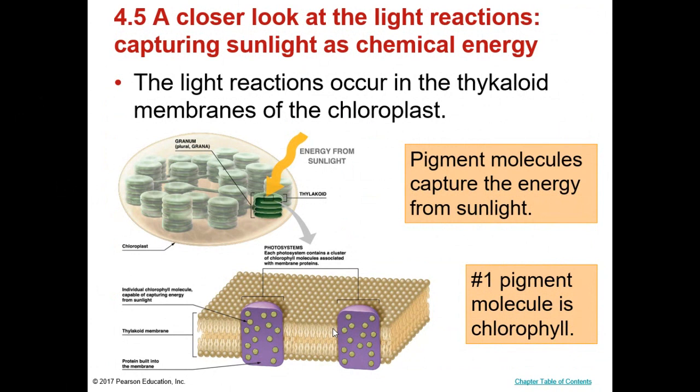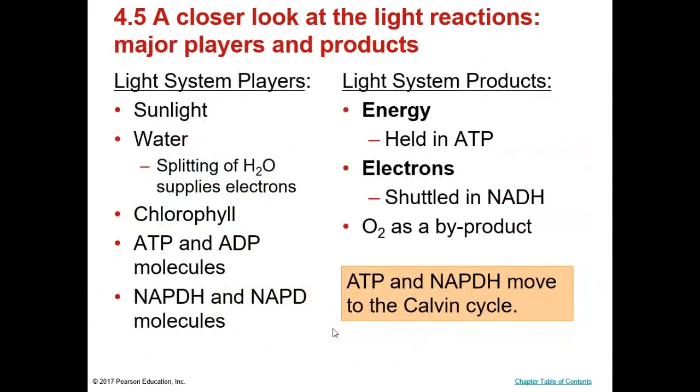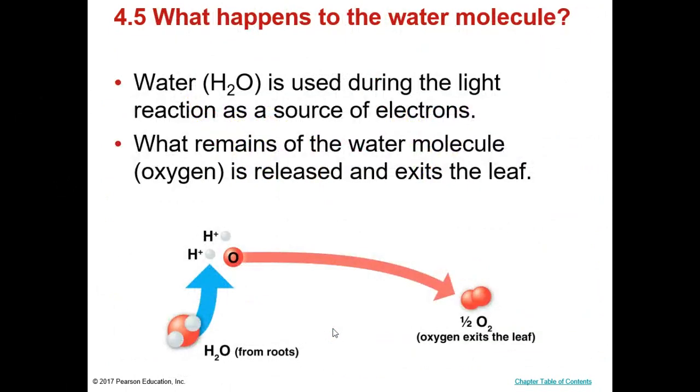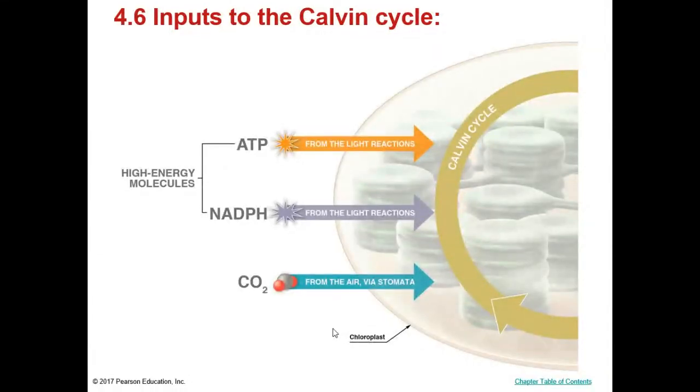All right, so let me go straight to the Calvin cycle. And here it is. Okay, so what the Calvin cycle is going to require, right? It's going to require a few molecules. First we have ATP, and then we have NADPH. Remember, these two came from the light reactions. And then we have carbon dioxide, which came in via these pores on leaves called stomata.